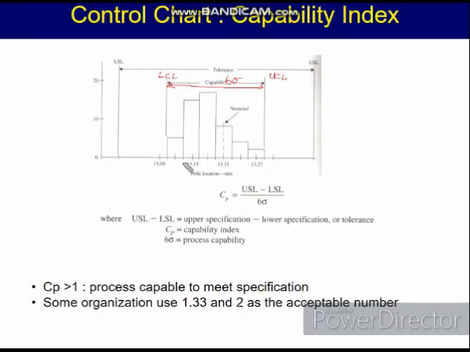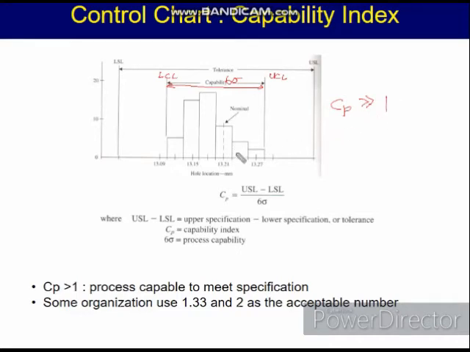That's what is meant by Cp equals 1. However, some organizations use Cp of 1.33 and 2 as the acceptable number. Again, the bigger the Cp, the better it is. For example, in this particular case, the upper spec limit minus lower spec limit, this distance from here to here, is much larger compared to 6 sigma from here to here.